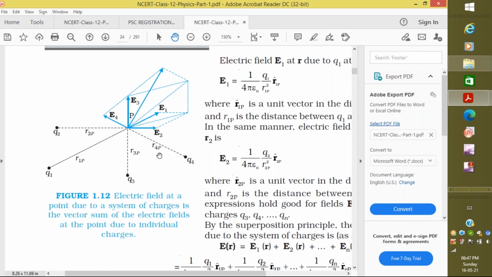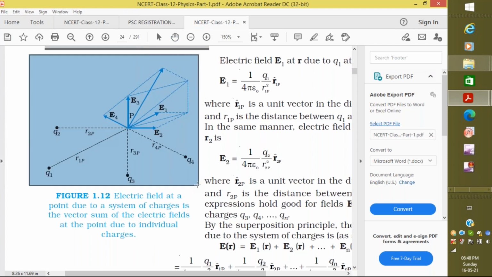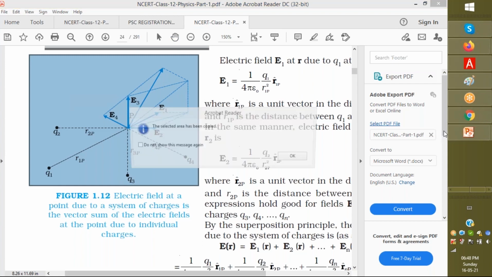If you remember, we have learned one principle called principle of superposition, that is valid for Coulomb's law. When we learned Coulomb's law, we had seen that. I'll just copy this figure and then explain what is principle of superposition. If you have forgotten or not understood, you will understand again.